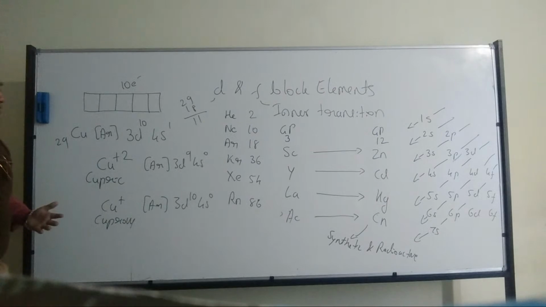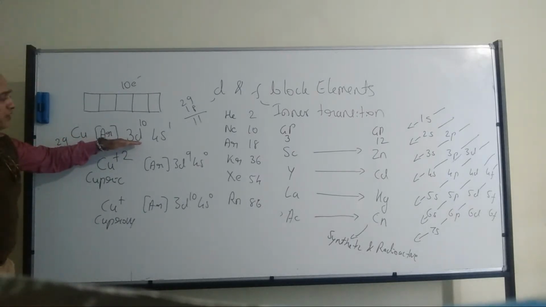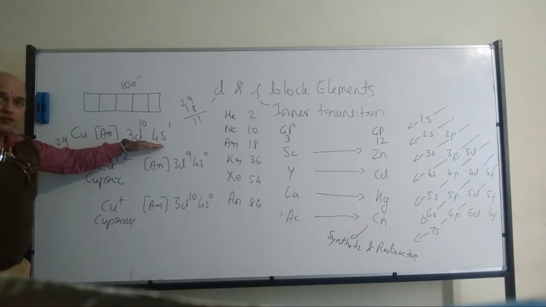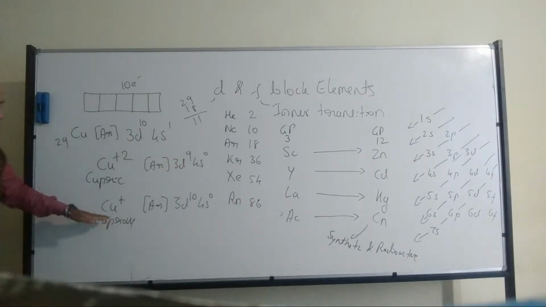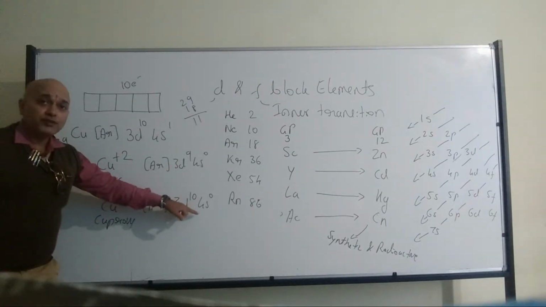So what I mean to tell here is, copper is an example of a d block element, it belongs to the 3d series, to period number 4. It has electronic configuration 3d10 4s1. Cupric ion 3d9 4s0. Cuprous 3d10 4s0.